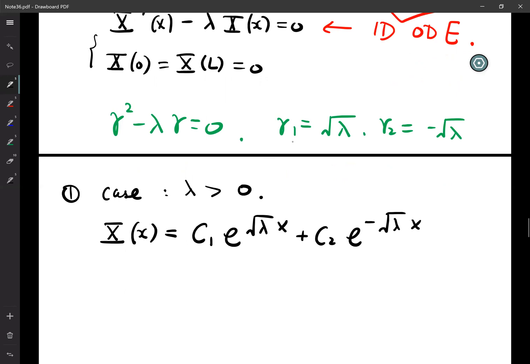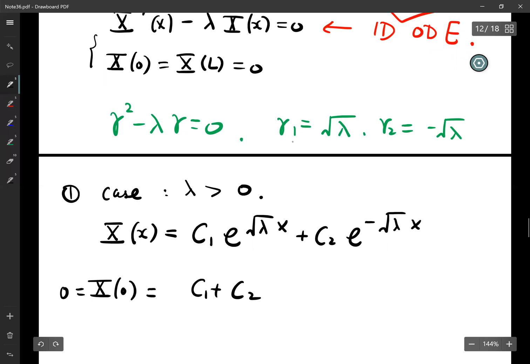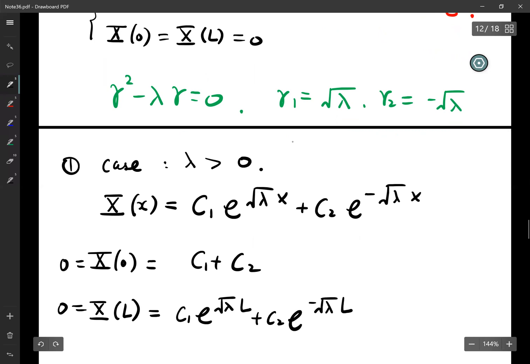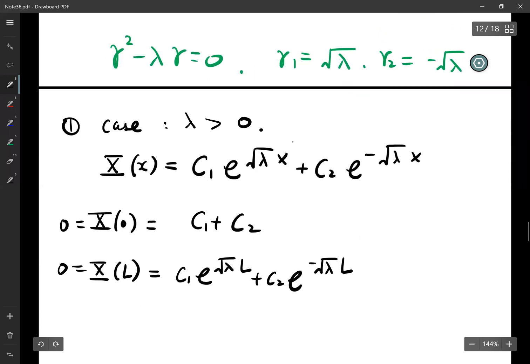So in order to have X(0) equal to 0, this is C1 plus C2, which means C1 equals minus C2. But also we have the boundary data X(L), and this one is C1 exponential square root of lambda L plus C2 exponential minus square root of lambda L. They are both 0.